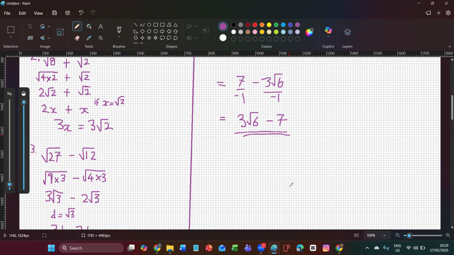It will just leave you with 2. Okay? Root x times root x is x. But take note, I didn't say that x times root x is x. There has to be a root on two of them. So root 2 times root 2 is 2.